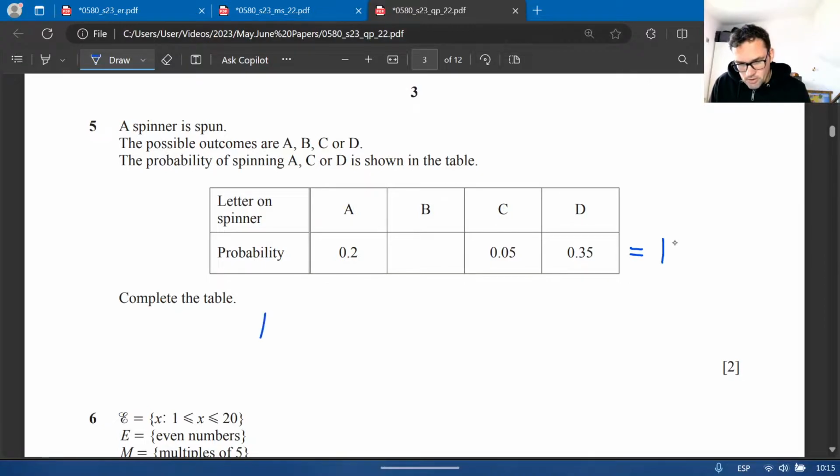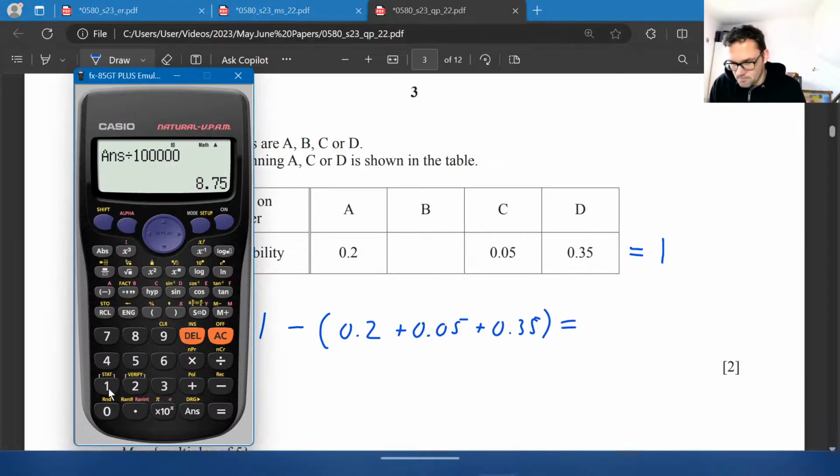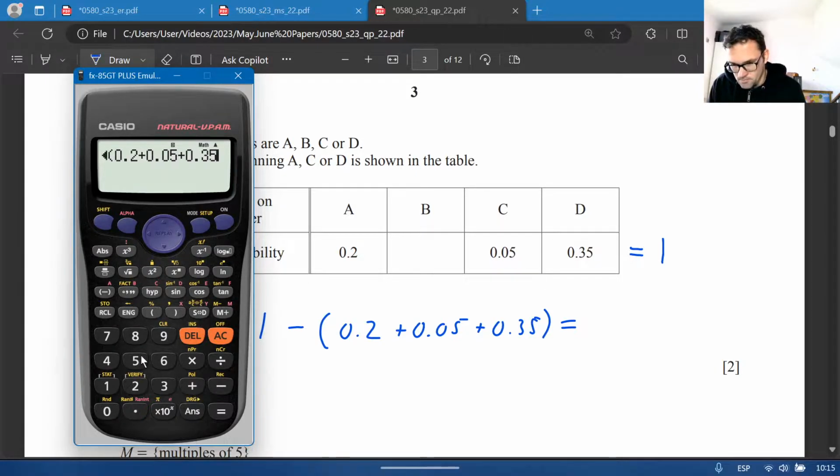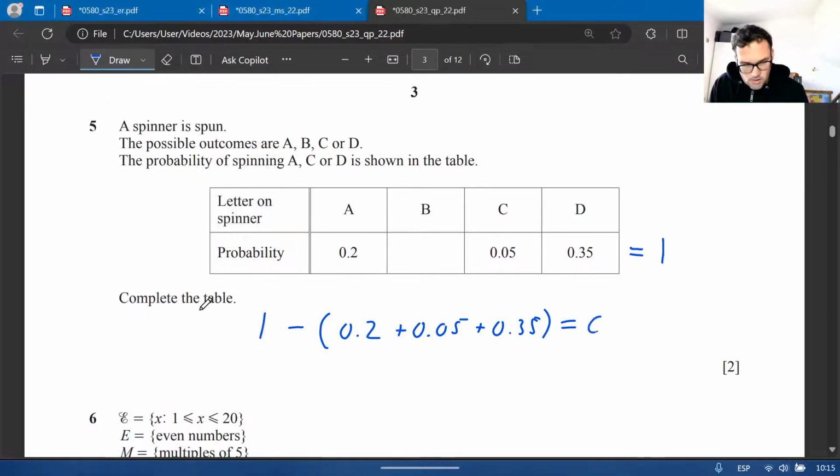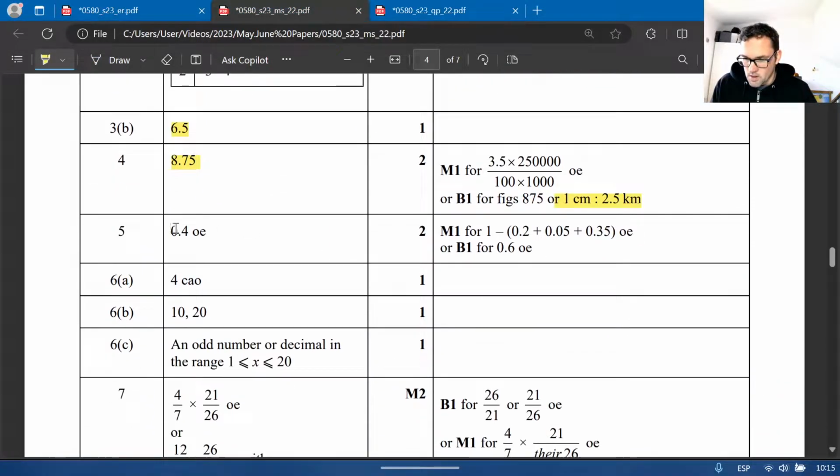So all we really need to do here is subtract all these probabilities from 1, and then we'll get the probability of the spinner landing on B. Which gives us 0.4, and that's all you need to do. 0.4 or equivalent, meaning 2/5 is fine, 4/10, 40%. 1 mark for the working out, so show your working out.